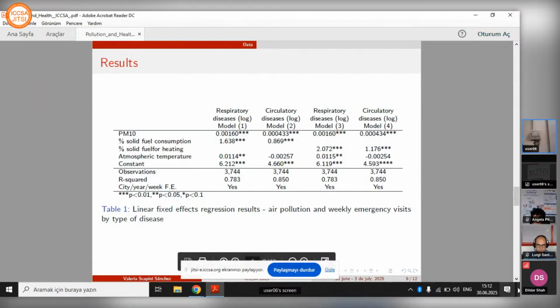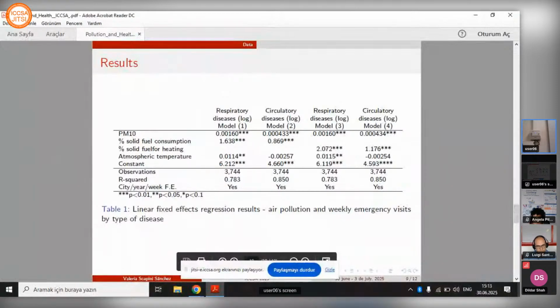When we use solid fuels, but only for heating the home, solid fuels are also strongly related with household health, and the atmospheric temperature is only related with respiratory disease.